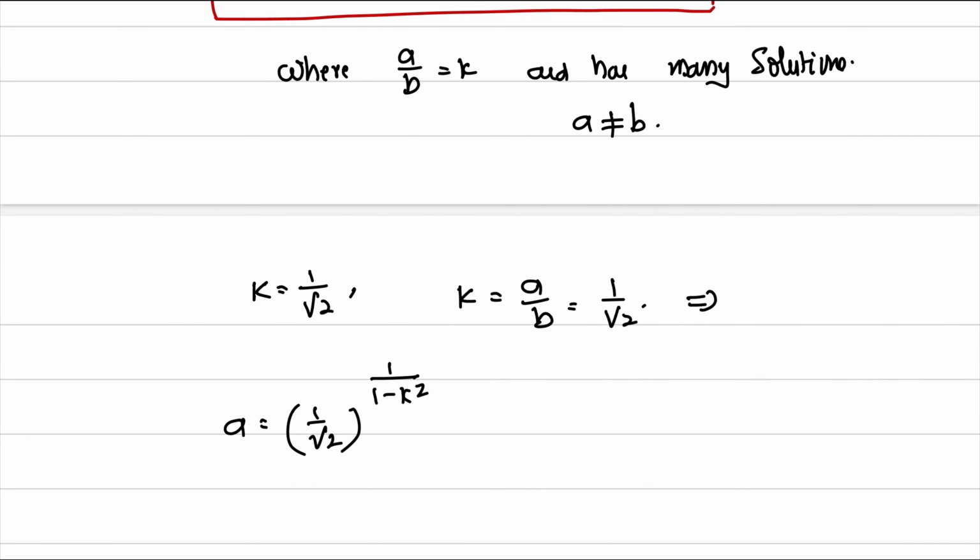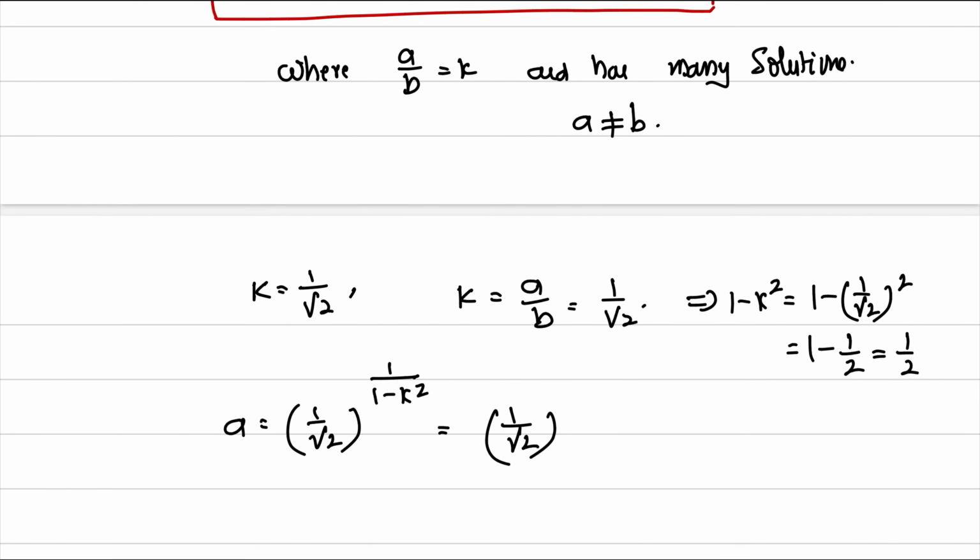You just see from this, what we get, 1 minus k square? 1 minus k square will be 1 minus 1 by root 2 whole square, that is equal to 1 minus half, that is equal to half. You just see 1 by root 2 to the power of half.